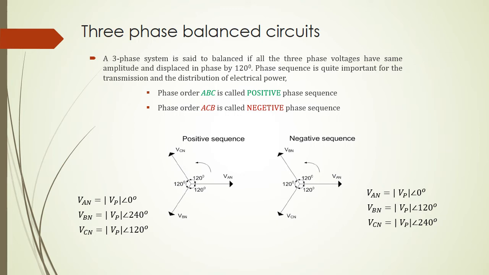And we have B phase and C phase. So if the sequence is A, B, C in clockwise, then we have positive sequence. And if it is counterclockwise, then we have negative sequence.